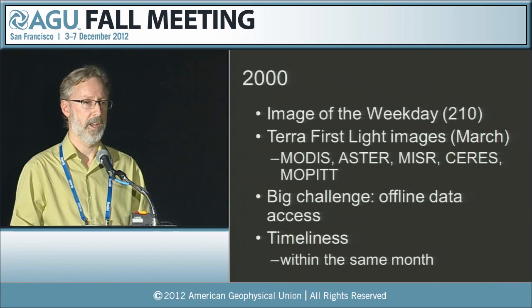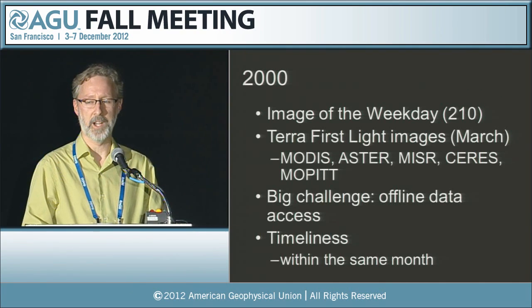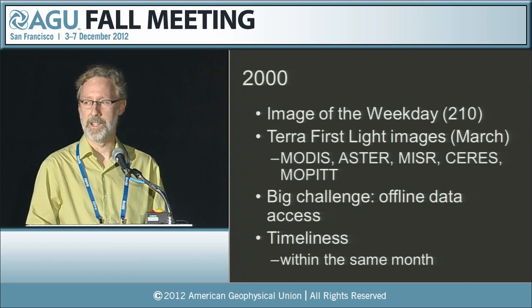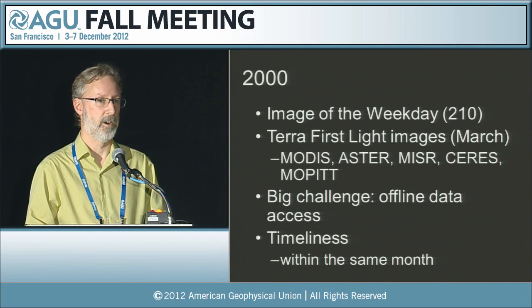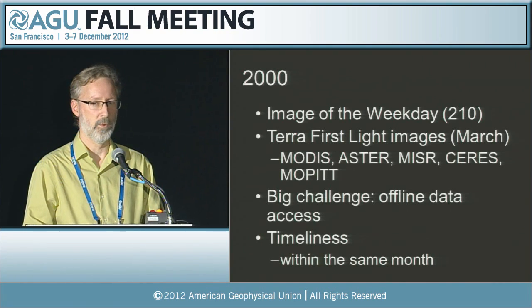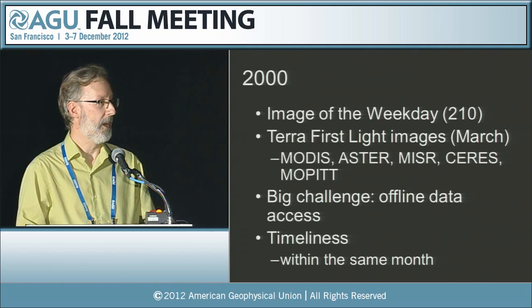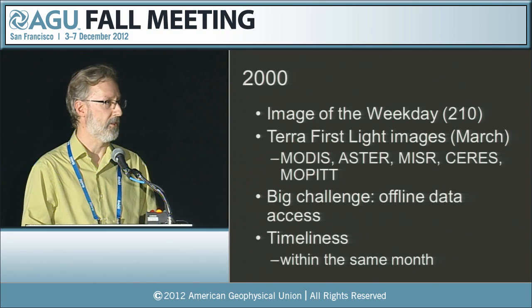So identifying, locating, downloading, and getting the data was a very time-consuming process. It did not allow for easy exploration. As a result, our near real-time timeliness was not near or real-time. Lots of times, within a couple weeks or a month, we were able to turn something around, just because that's the way the data systems were set up.